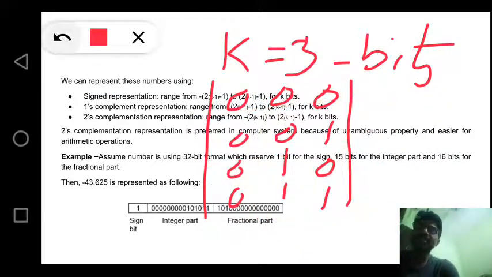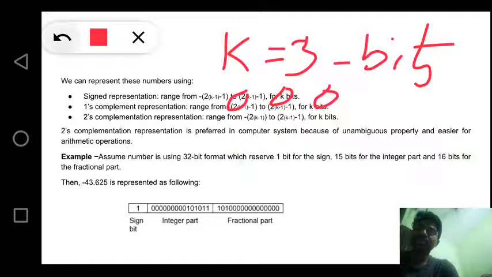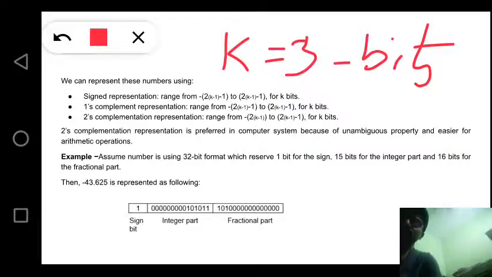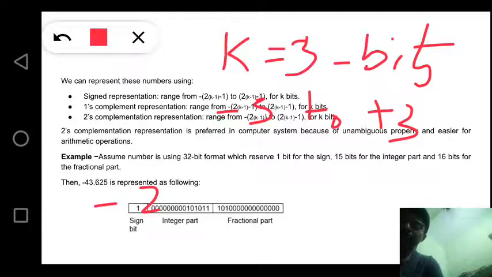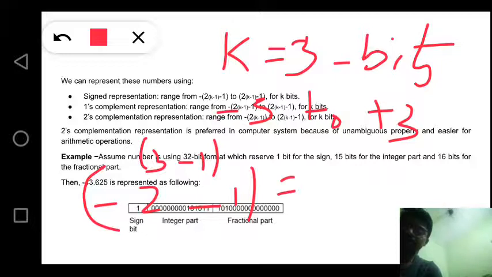We are going by a reverse engineering process. So for k, minus 3 to plus 3 is minus 2 power k minus 1. K means 3. 3 minus 1, 2. 2 power 2, 4. 4 minus 1, 3.